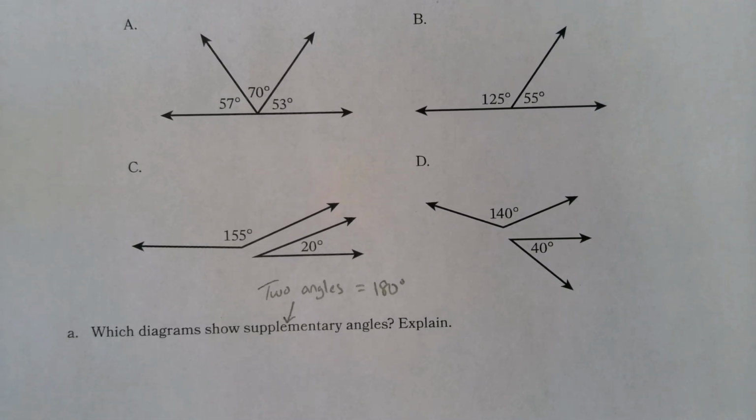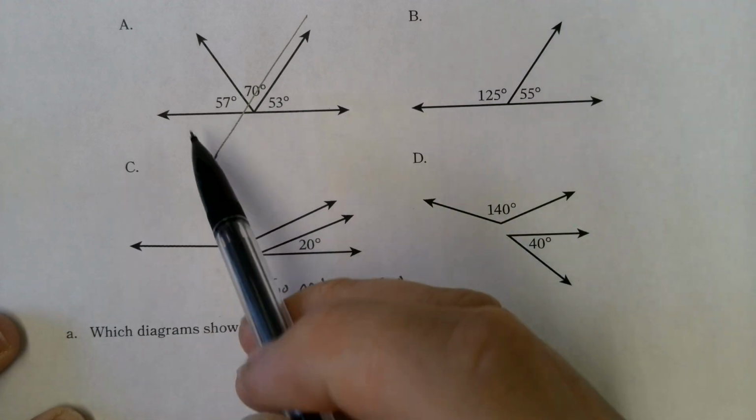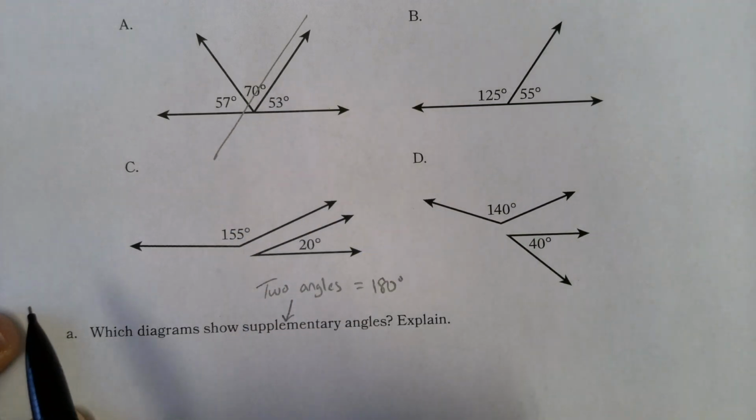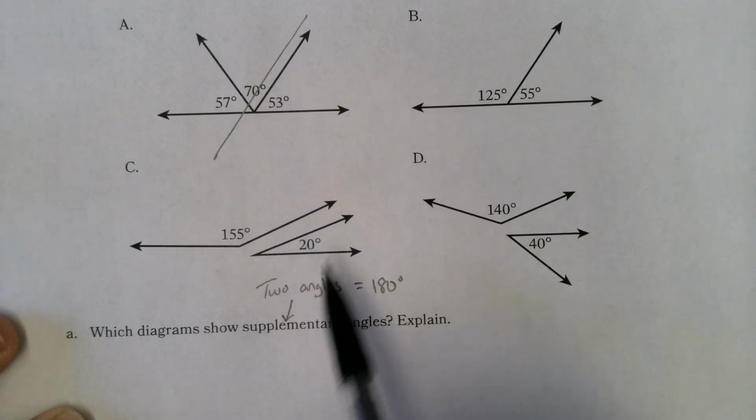Okay. 2 angles equals 180. So anything that would either not be 180 degrees or that is more than 2 angles would not be considered supplementary. So we could mark off A because that's 3 angles. Even though if you took these and added them together, it would equal 180 degrees. A has 3 angles. We're only looking for 2 angles.